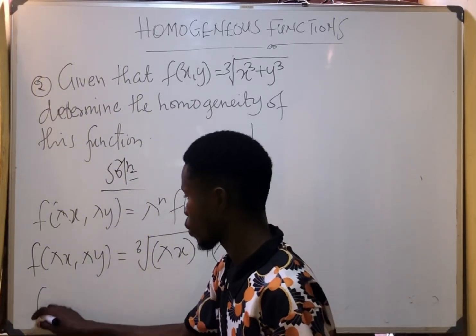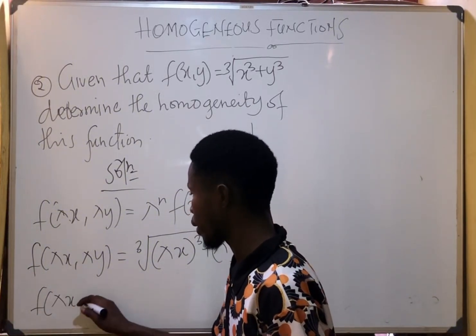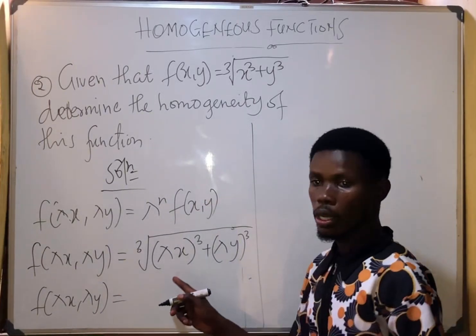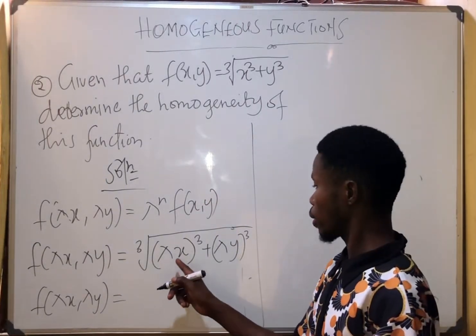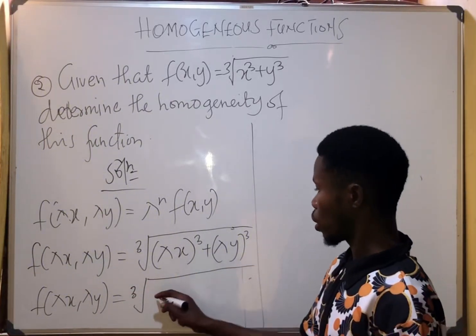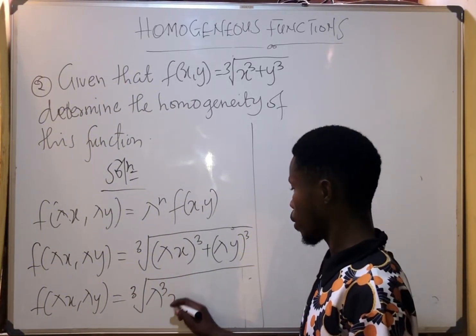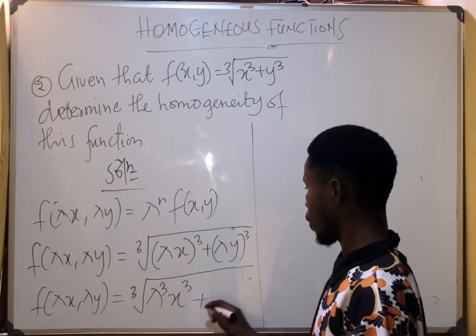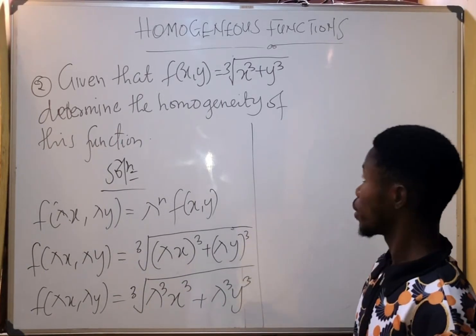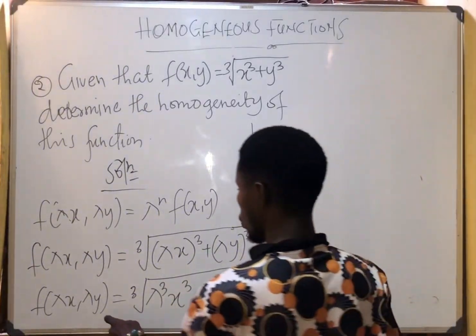So f of lambda x, lambda y is equal to, now let's check this, the cube root of lambda cubed x cubed plus lambda cubed y cubed. Is that okay? Good.